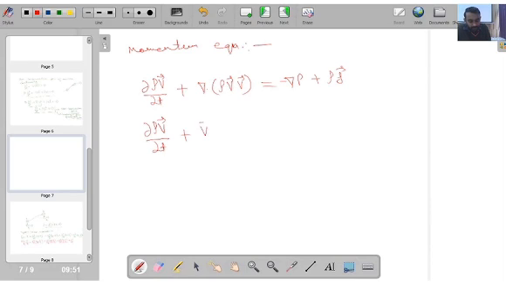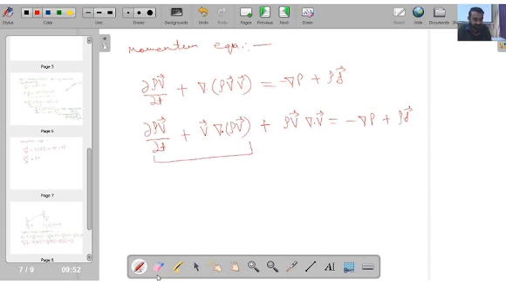I will write it as v vector times divergence of rho v vector plus rho v vector times divergence of v vector, equal to minus gradient of p plus rho f vector.